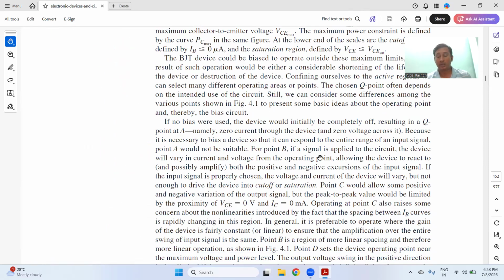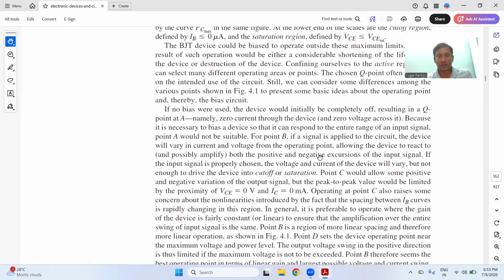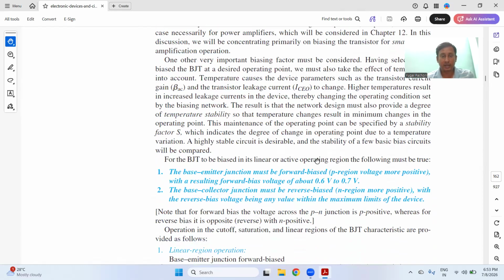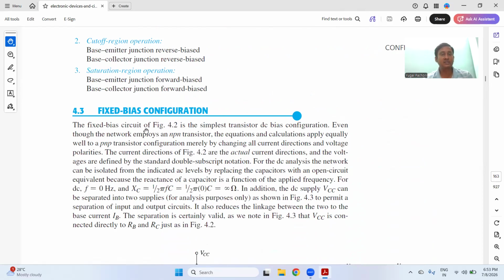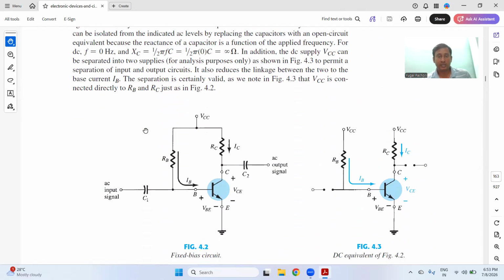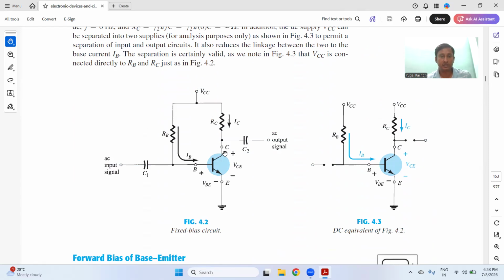Now let me move further. Fixed bias configuration. You can see this configuration. This is the transistor. It is called fixed bias because there is no resistance in the emitter, and this circuit is fixed.